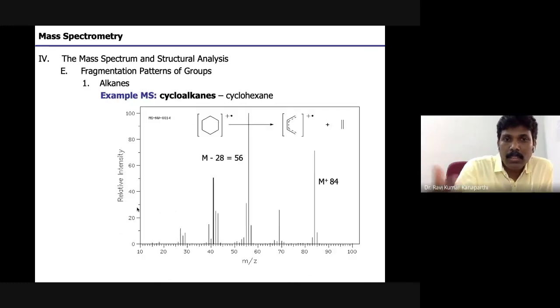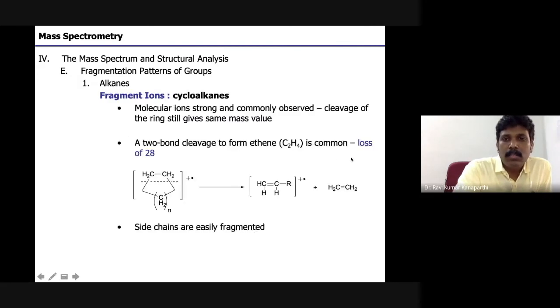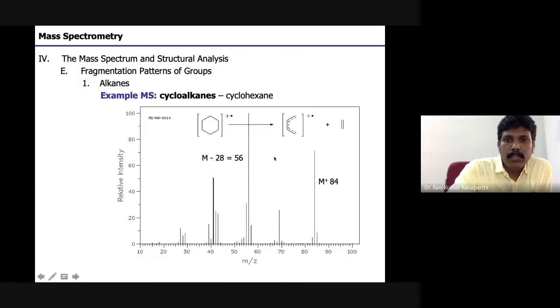So that is another general feature of cycloalkanes. And this is the example of a cyclohexane. You know that with cyclohexene, you can form this type of retro Diels-Alder type of thing. Then accordingly, the peaks can be observed.